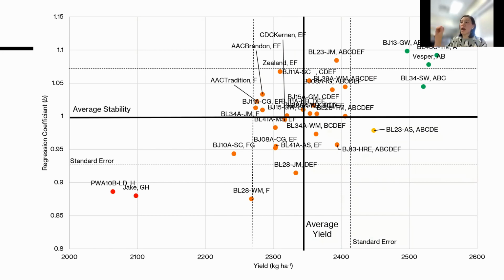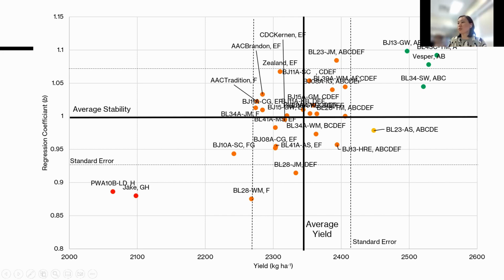But the letters after each cultivar name indicate statistical differences. So for example, if it has an H after the name, that means that these two yielded the same. If it has F after the name, these two yield the same. If you have an ABC, they yielded statistically similar to each other.